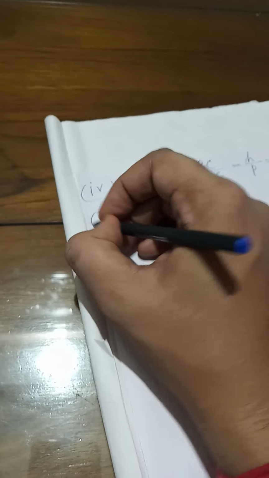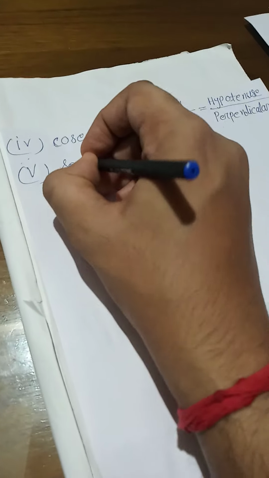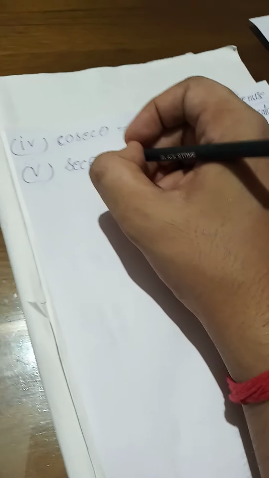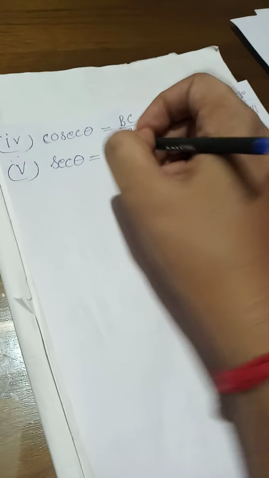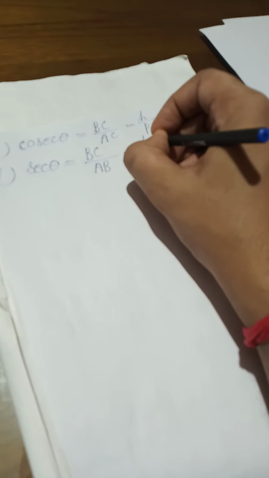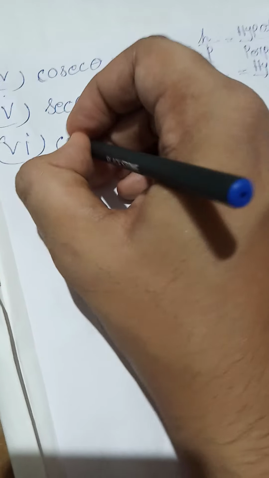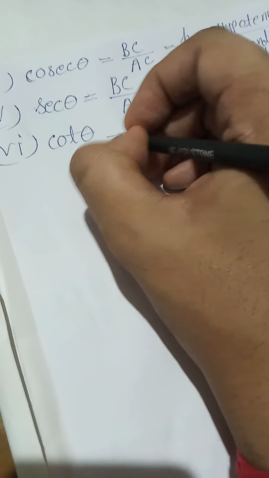Now number 5 is sec theta. Sec theta means BC by AB, which is small h divided by small b, which means hypotenuse by base. And number 6 is cot theta, which means AB by AC.